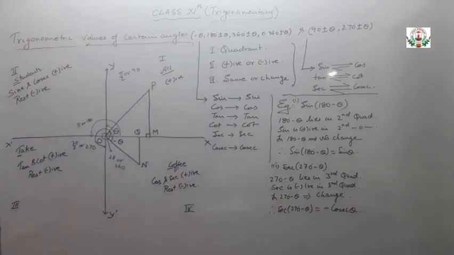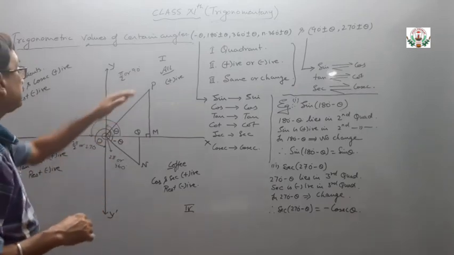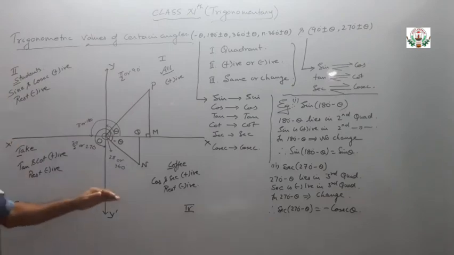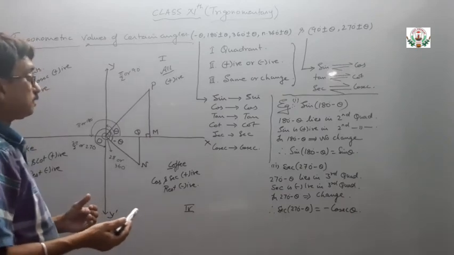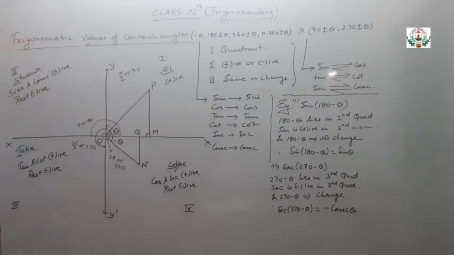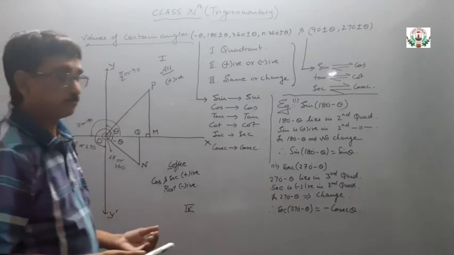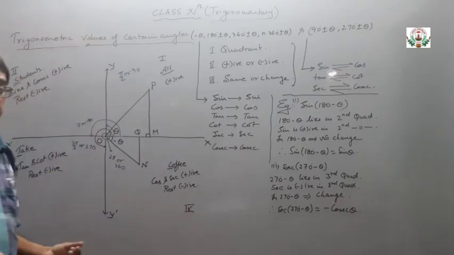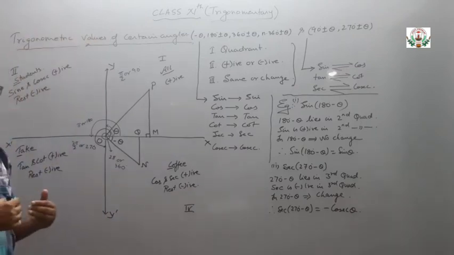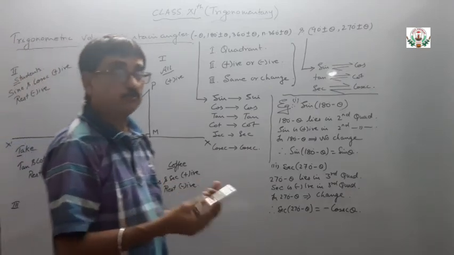So in this way, by seeing the quadrants and remembering which trigonometrical ratio is positive or negative in a particular quadrant, and whether it is changing or remaining the same, the higher values can be converted into the range of 0 to 90 degree.